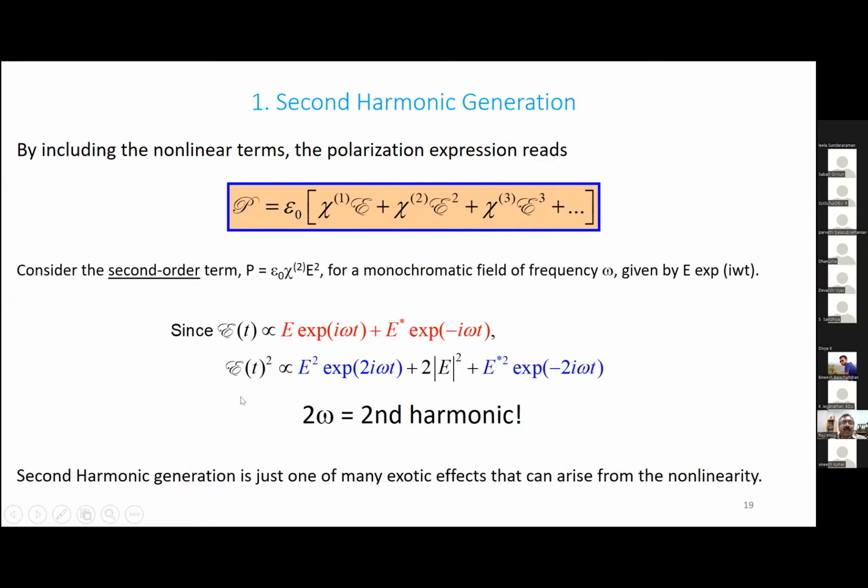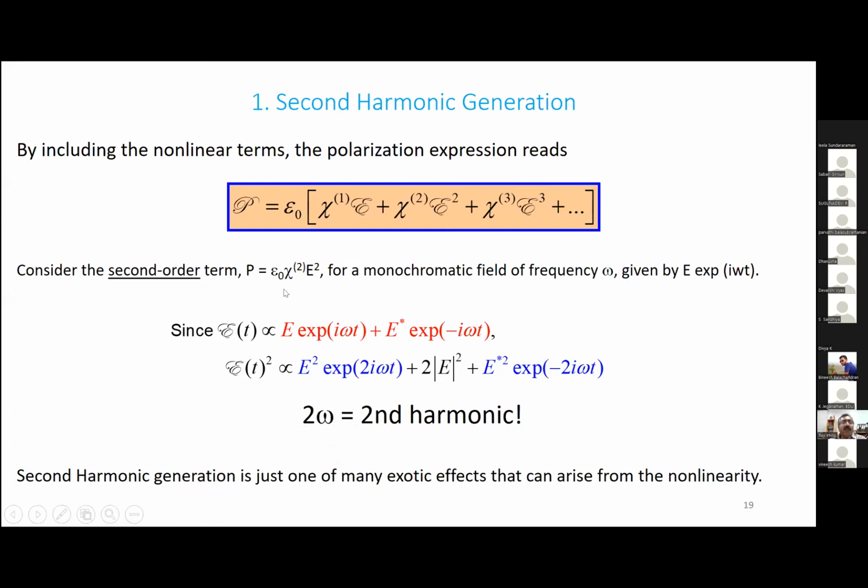When you take the square of that, what you are going to get is this expression: E squared e to the power 2i omega t plus 2 modulus E squared plus E star squared e to the power minus 2i omega t. So what we notice here is that there is 2 omega here. That is the second harmonic.